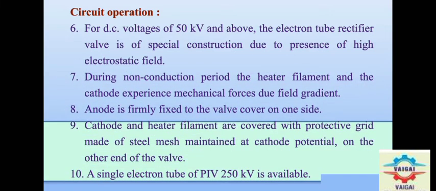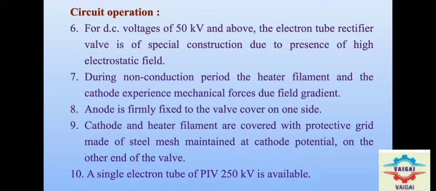The cathode and heater filament are covered with a protective grid made of steel mesh maintained at cathode potential on the other end of the valve. A single electron tube of peak inverse voltage 250 kilovolt is available in the half-wave rectifier.